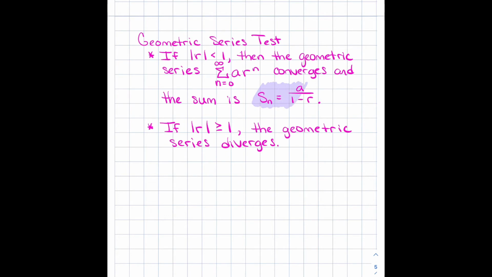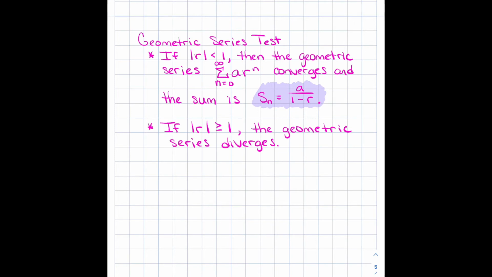So far, all we've been saying is converges or diverges. But with a geometric series, we can actually calculate what the sum is going to be. It's the first term, that a sub 0 term, divided by 1 minus r. There's a whole proof for that, and feel free to look it up. That's outside of the scope of this class.